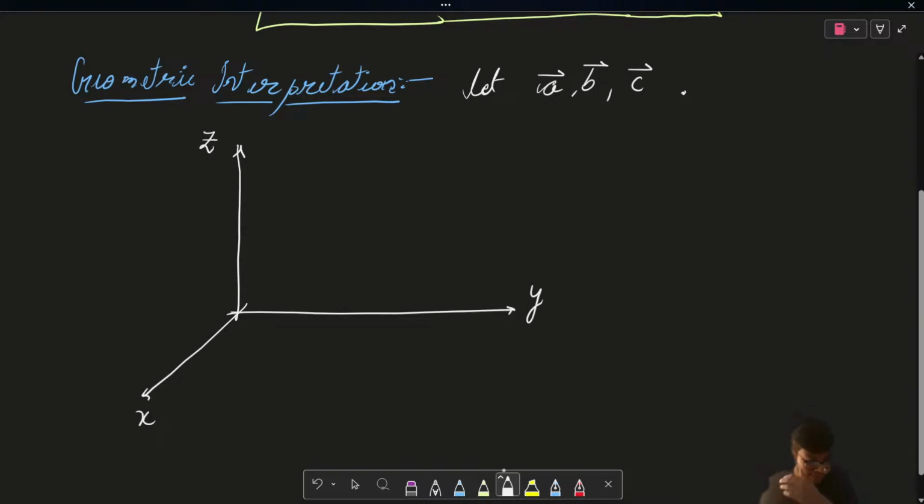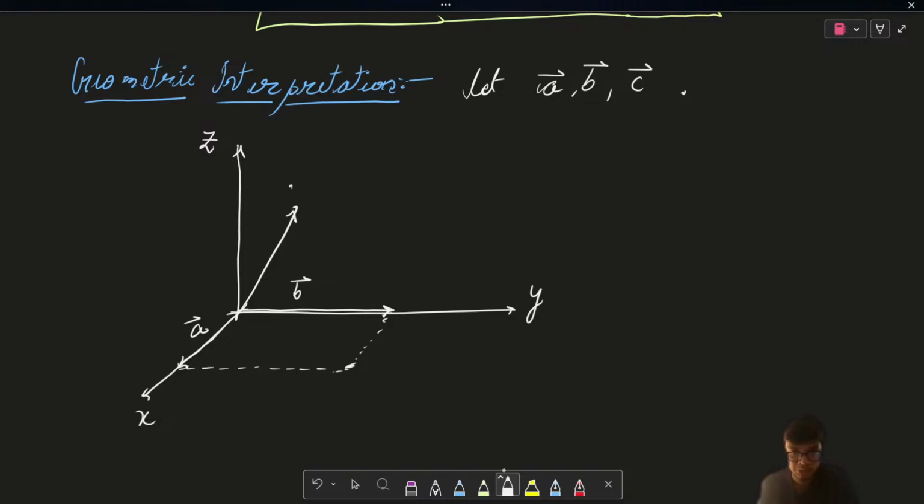Now let us draw a vector along x, this is my A vector, and along y this is my B vector, and I form a parallelogram based on these two vectors. Also let us take another vector which is out of plane, and call it C vector.